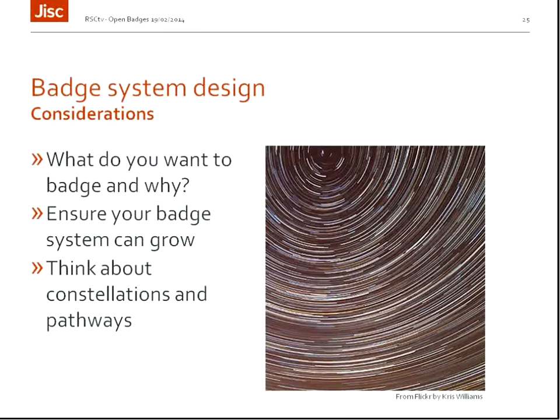So as an example of that, we have a number of badges in our digital practitioner series, which we would refer to as a constellation, the digital practitioner constellation, but we're also looking at developing pathways so that earners can gain badges for our three Learning Online courses, but they can also gain digital practitioner badges for workshops that develop digital practitioner skills.